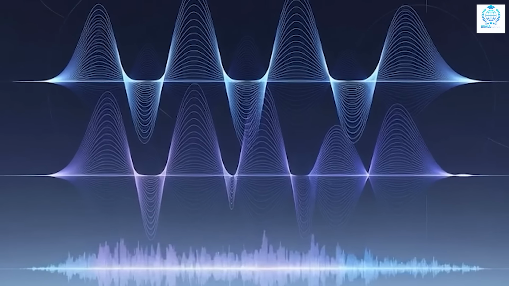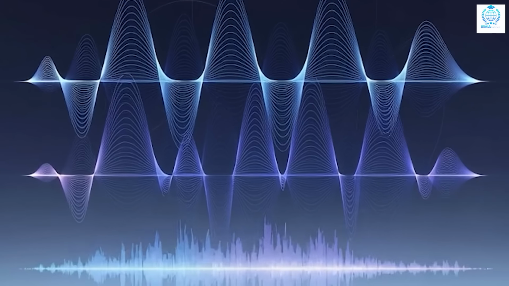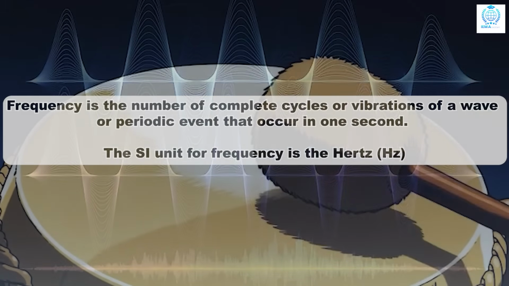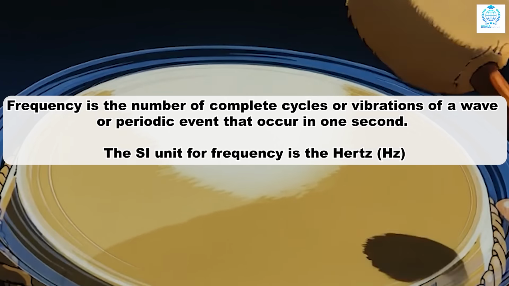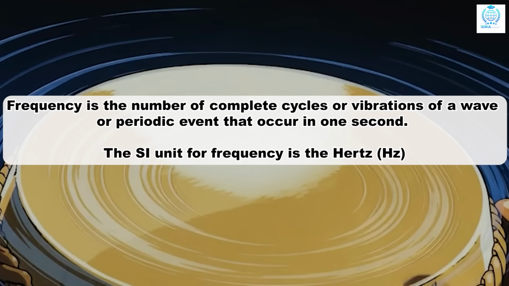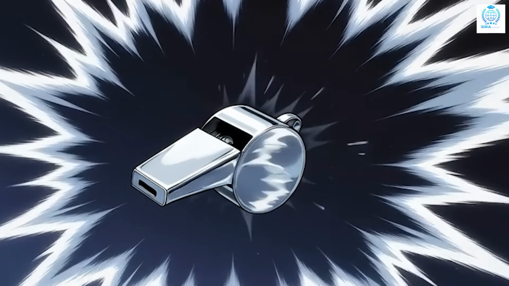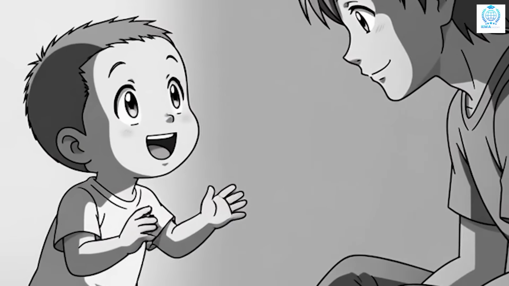Next, pitch. This tells us whether a sound is high or low. Pitch depends on frequency. Frequency means how many vibrations happen in 1 second. It is measured in hertz, written as Hz. High frequency, many vibrations per second, high-pitched sound, like a whistle or a small child's voice.